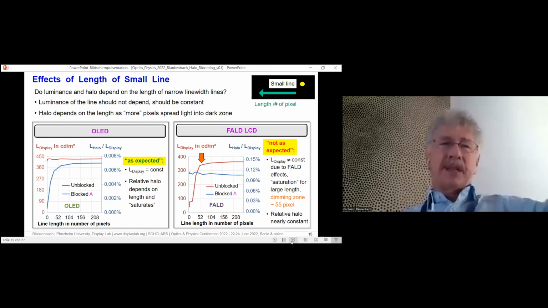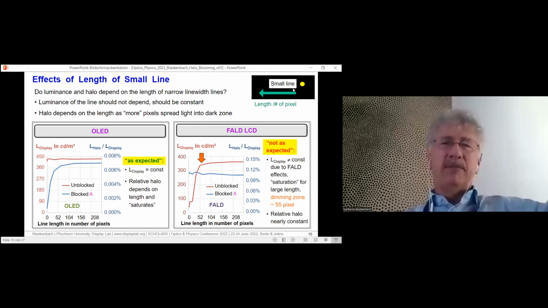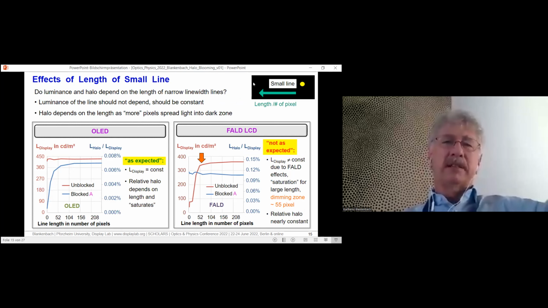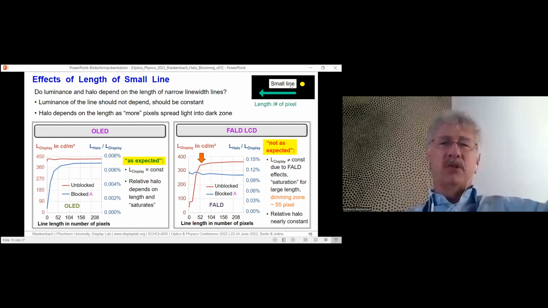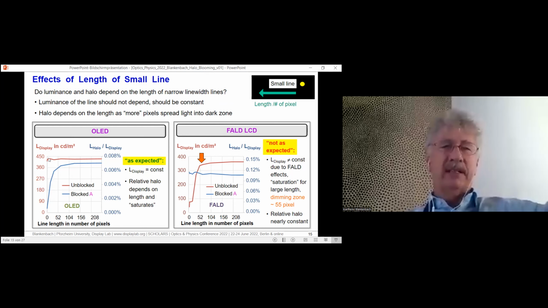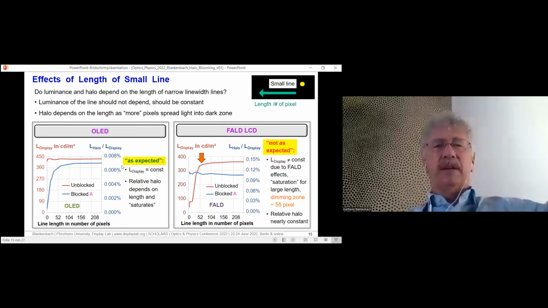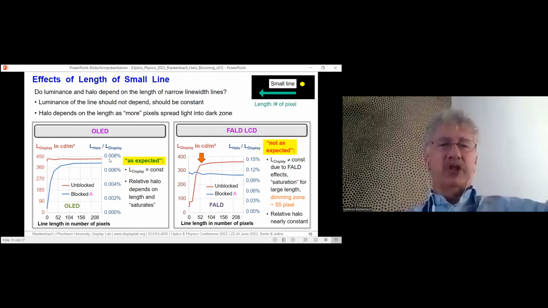For the further study, we moved to a small line, which we extended in length, and measured the luminance of this line and the halo here on the right side. For the OLED, we see that the luminance of this line of variable length is constant. And the halo amount here in blue, in percentage, scale on the right, increases.